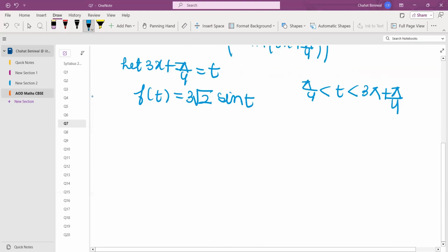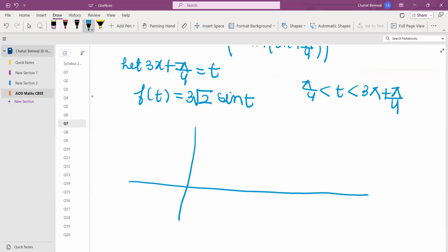So we'll simply plot the graph. Since on the x-axis we have to consider only the positive side, I'm going to make the graph on this side only.